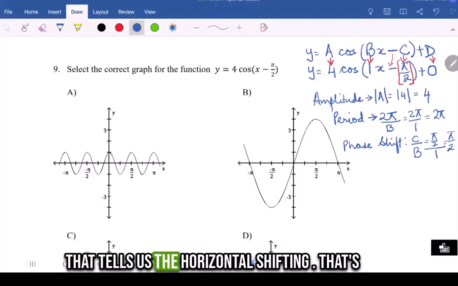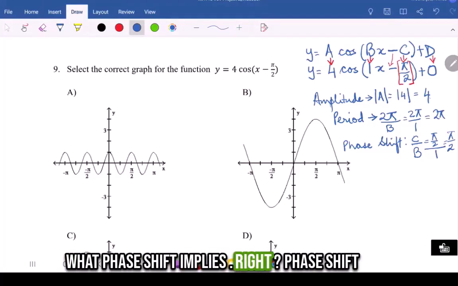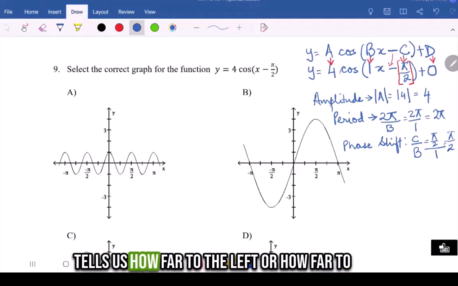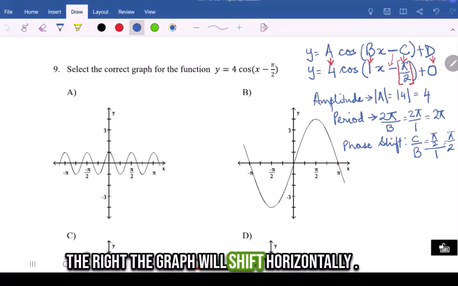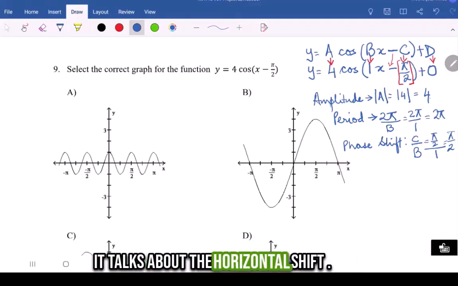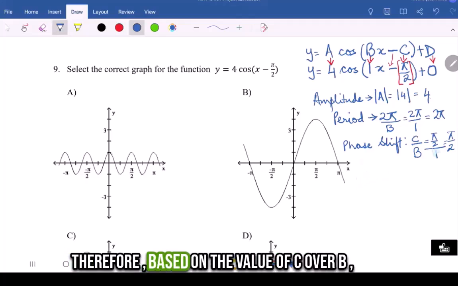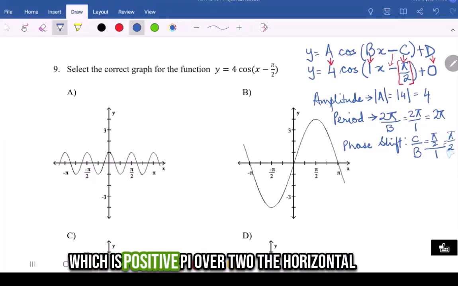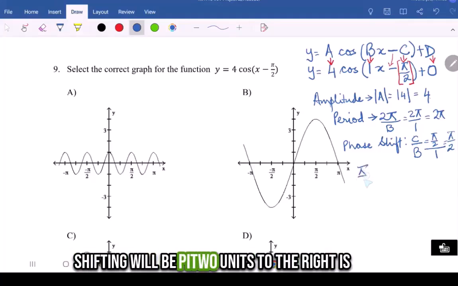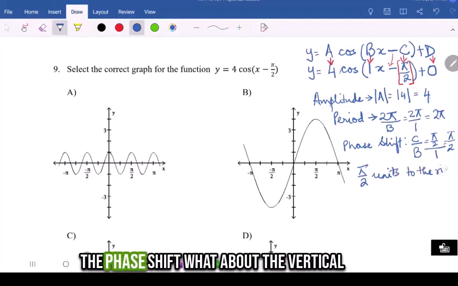Phase shift tells us how far to the left or to the right the graph will shift horizontally. Therefore, based on the value of C over B, which is positive pi over 2, the horizontal shifting will be pi over 2 units to the right.